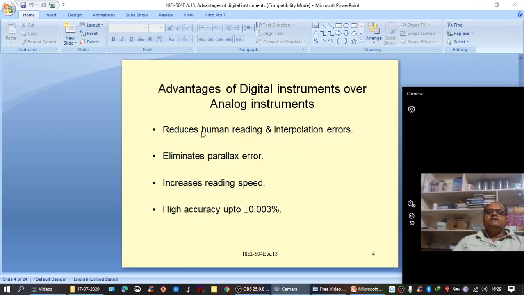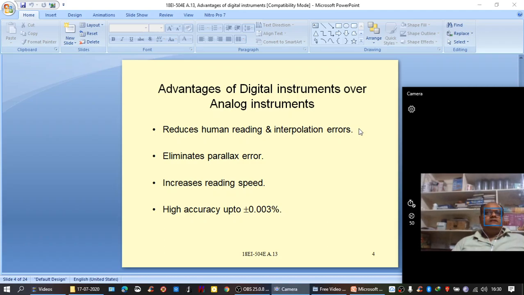So first one is reduces human reading and interpolation errors, and second one is eliminates parallax errors. What is a parallax error? Already I told. When the human operator who is noting down the reading observes exactly on the top of the pointer, he can note it down correctly.